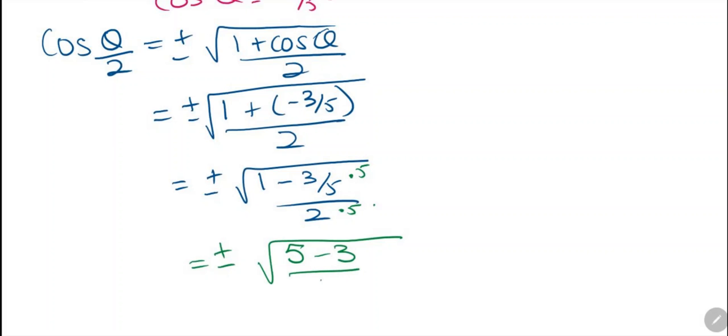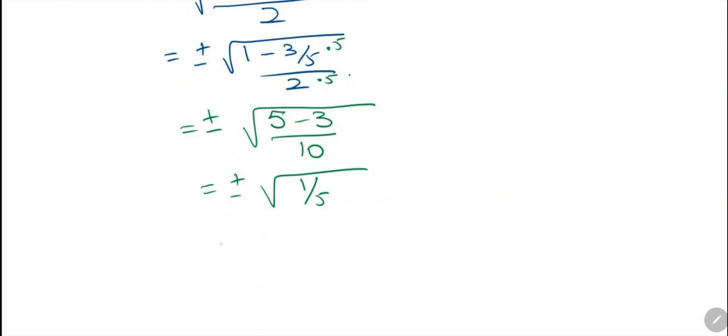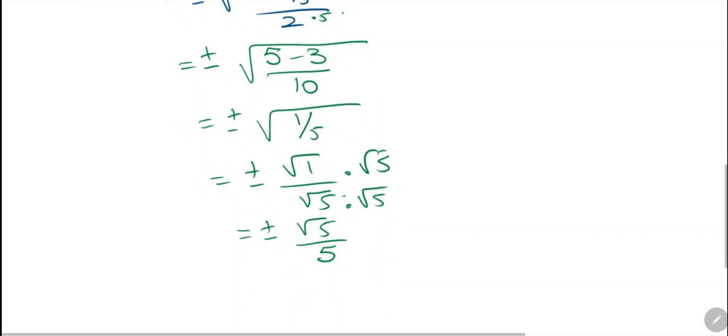And then 5 times 2 is 10. So this is 5 minus 3 is 2. 2 divided by 10 simplifies to a fifth. So if I rewrite, this is root 1 over root 5. And if I rationalize the denominator, this is just root 5, and this simplifies to root 5 over 5.